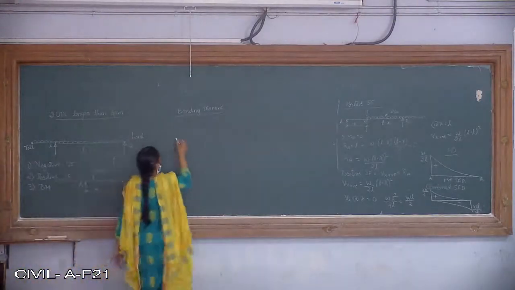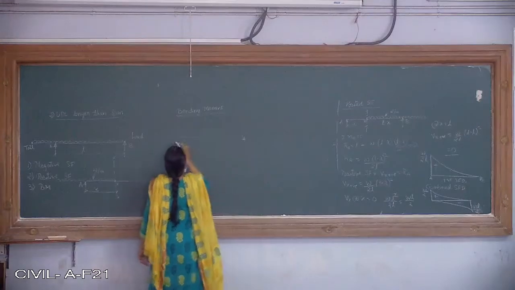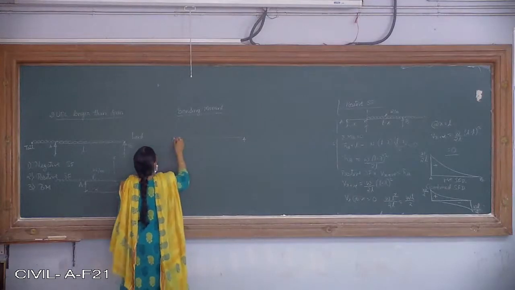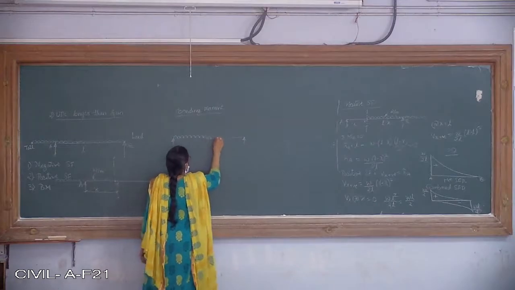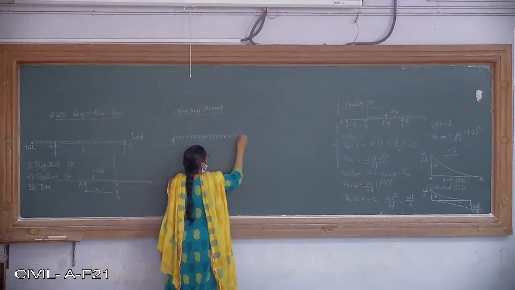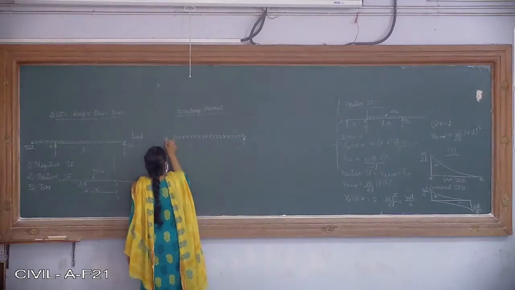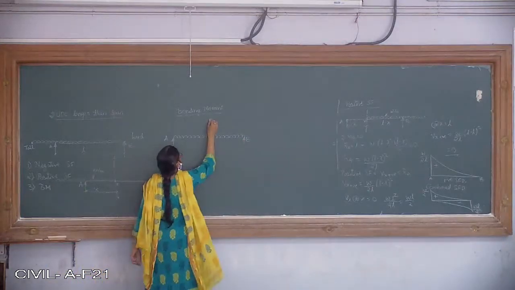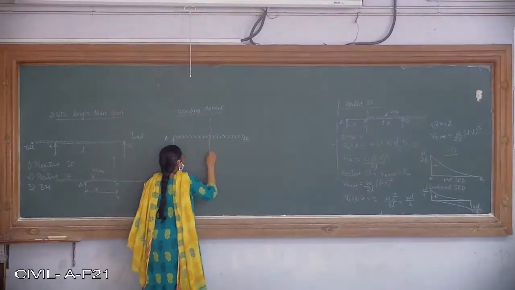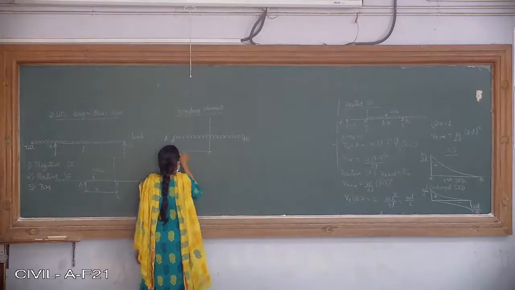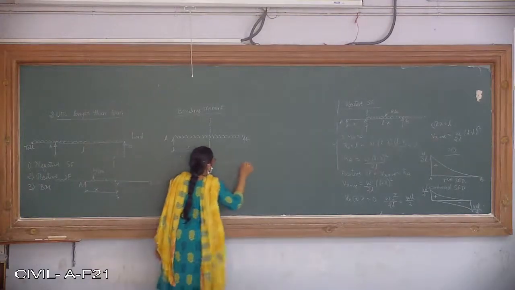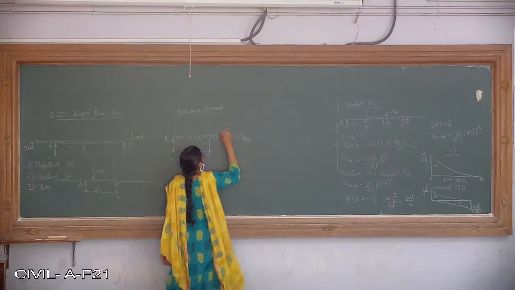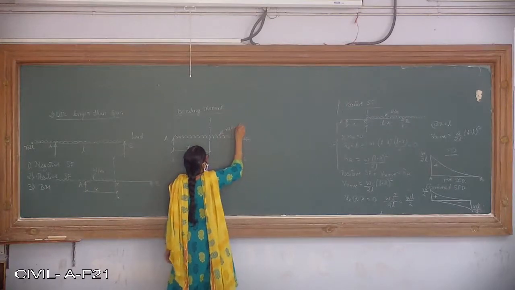So here I am placing the load on the entire beam. This is the loading on the beam, and there is one section line somewhere here at a distance, say x from A. This is the span of the beam, and this is the load W per meter.